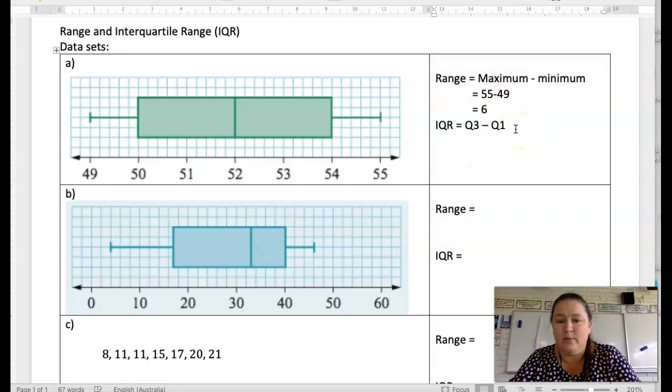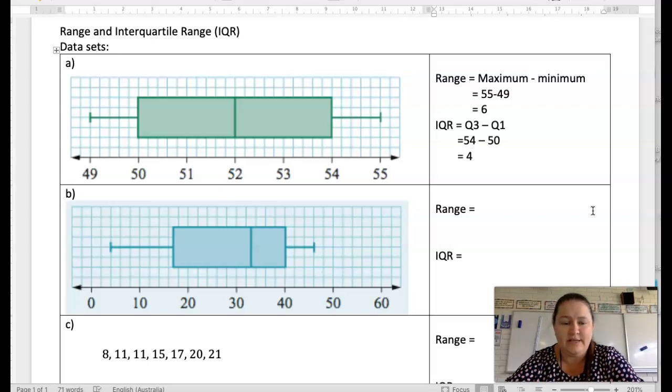In this case, Q3 is 54. Again, subtract the Q1, which is 50. That gives an interquartile range, between the quartiles, of 4.